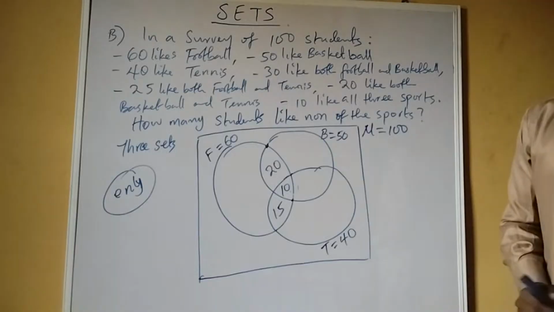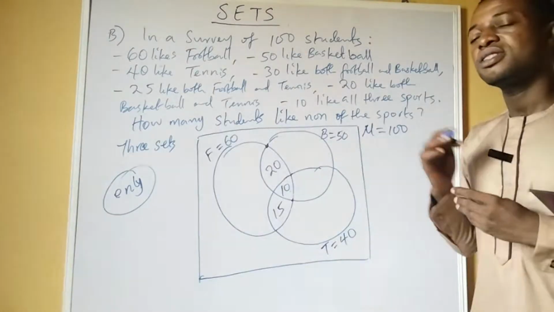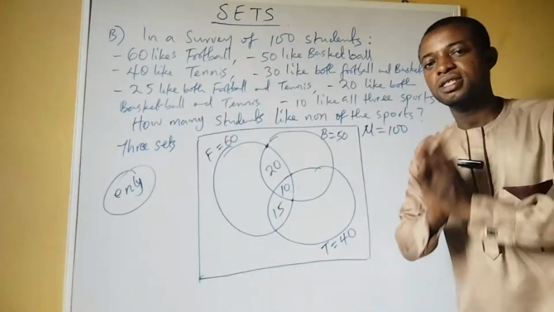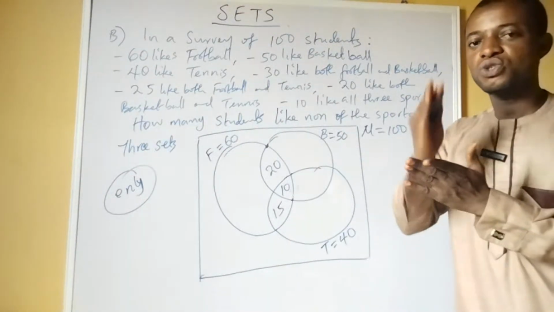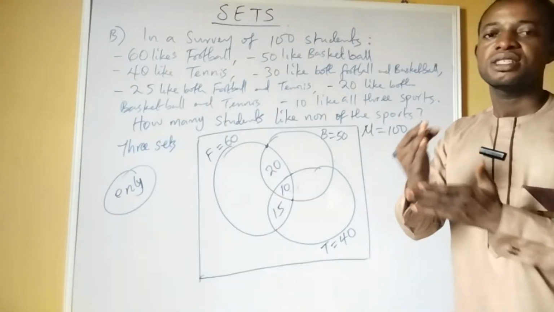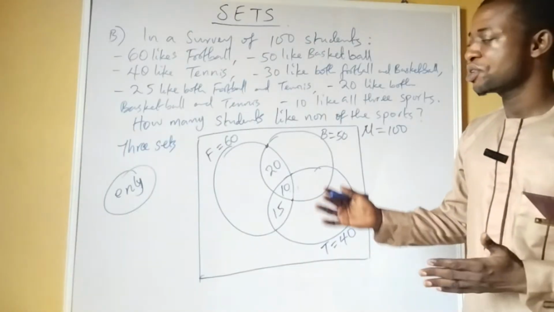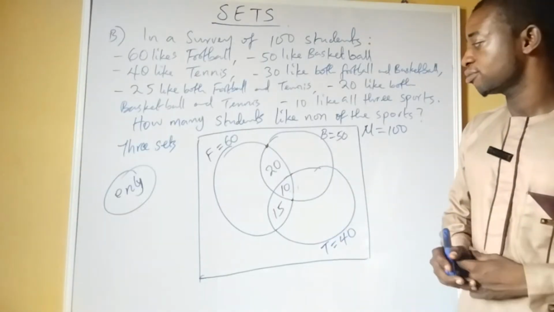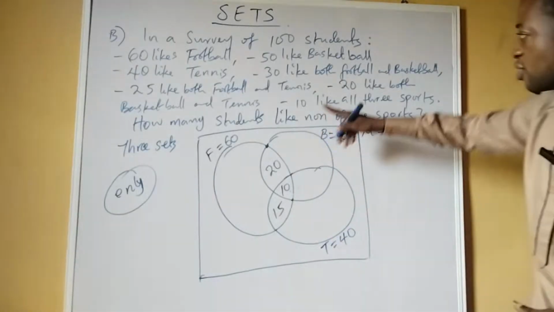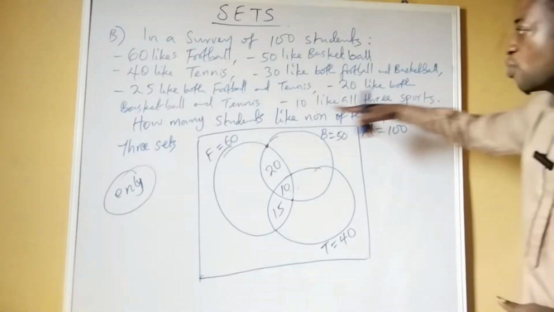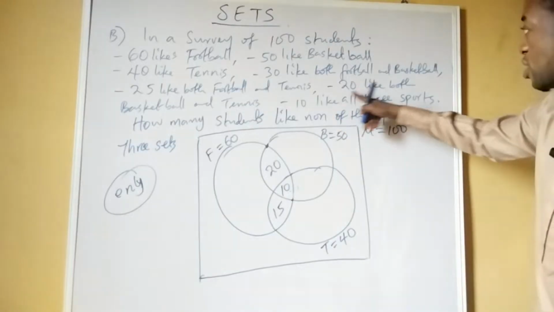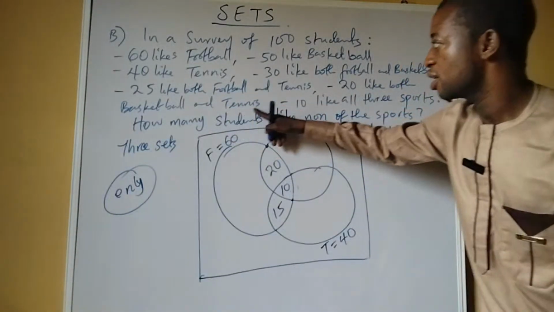So now, these are some interesting interpretations of sets. And once you are able to interpret this and understand the difference between these statements, there is no question on the Venn diagram that you'll not be able to handle without stress. Okay? Now, the same as this, consider that 20 like both basketball and tennis.